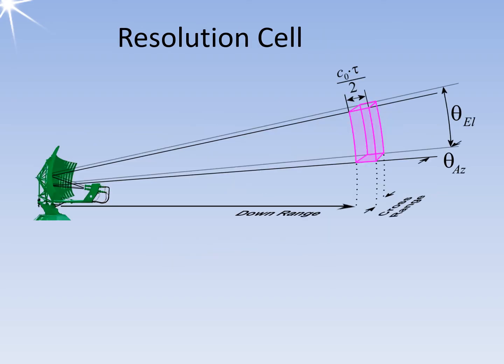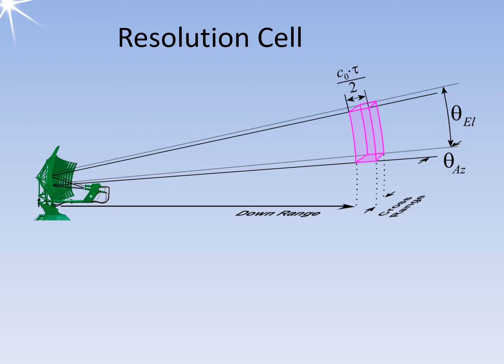The resolution cell, or pulse resolution volume, characterizes the joint resolving capability according to the range and angular coordinates. Usually, the resolution cell is assumed to be limited by the half-power beamwidth theta of the antenna directivity pattern and the length of the pulse in free space, with tau as the duration of the transmit pulse, or, in the case of intra-pulse modulation, by the duration of the signal at the output of the pulse compression device.